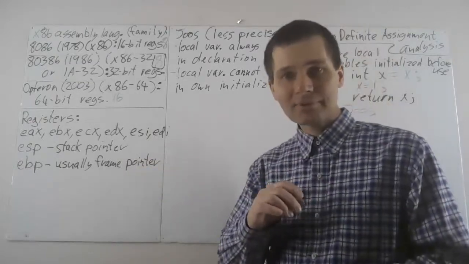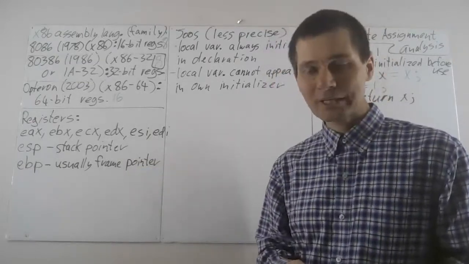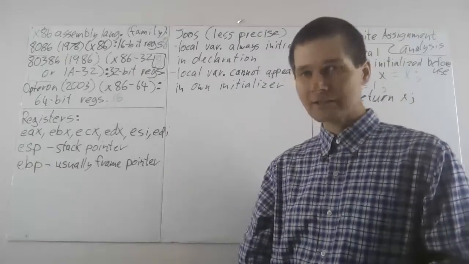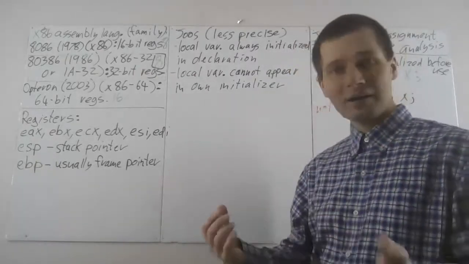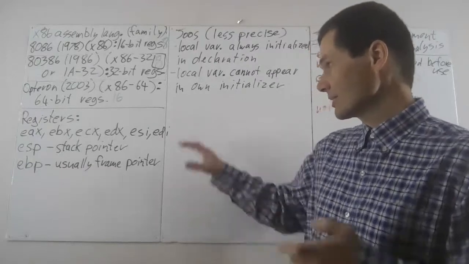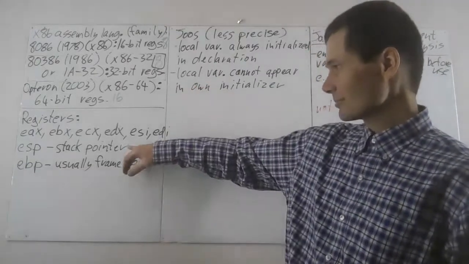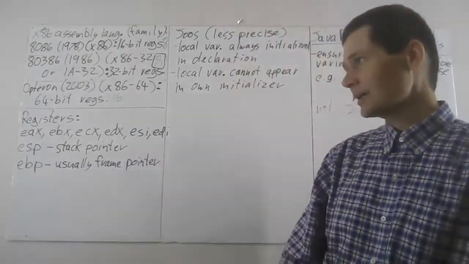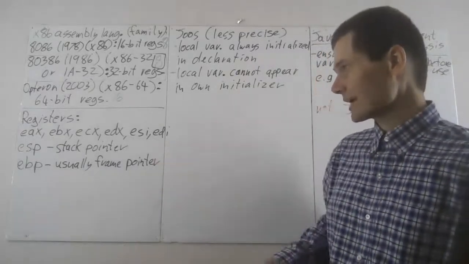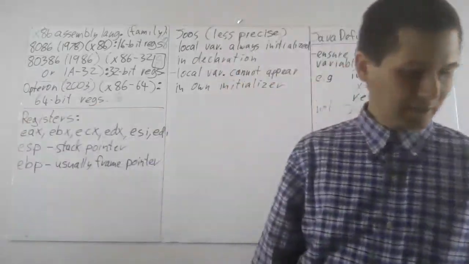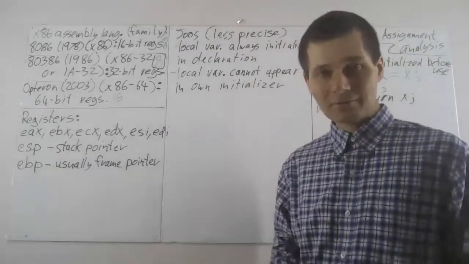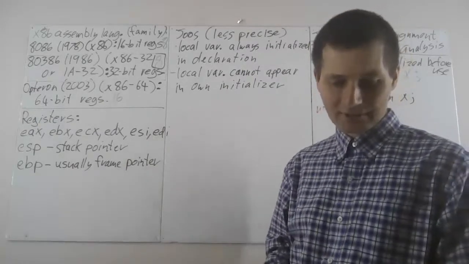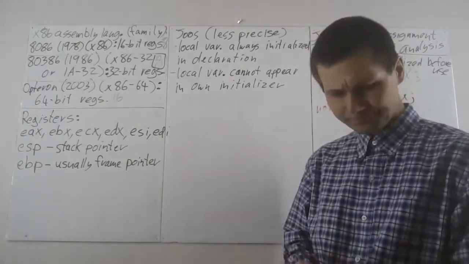If you don't remember what a frame pointer is from CS241, I'm going to be going over that when we look at code generation. For now, the important thing is, these are your 8 registers. You're pretty much stuck with ESP as your stack pointer, and probably EBP is going to be reserved as a frame pointer, but you have 6 more that you can use for whatever you need a register for. So not 31 or 32, but at least you have 6 registers to use.